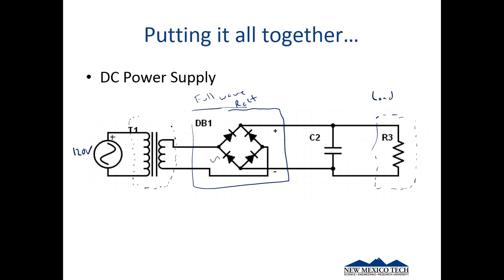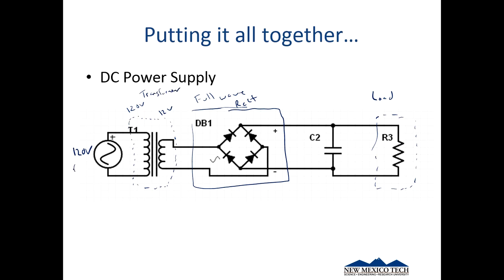That's how we step up and down the voltage, and in a couple weeks I'll talk a lot more about transformers. But just know that that's how we go from 120 volts to say 12 volts or whatever we want. We can step up or step down the voltage. And if we step up the voltage, we have to step down the current. If we step down the voltage, we have to step up the current. We're not making or getting rid of energy, so that's why we have to do it that way. But just know that this is a transformer.